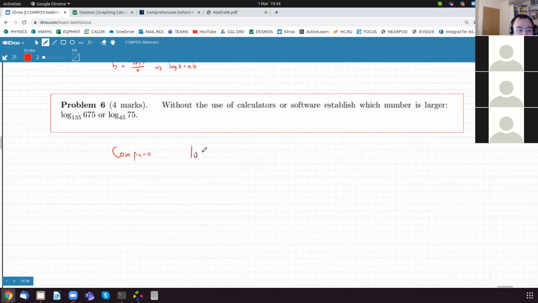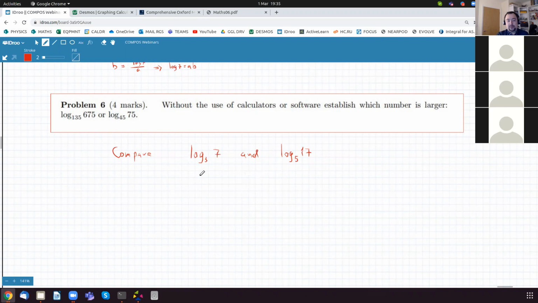I don't know, log 7 base 3, and log 17 base 5. Is it good enough? Yeah. So both answers are somewhere between 1 and 2. Okay, so both are between 1 and 2.